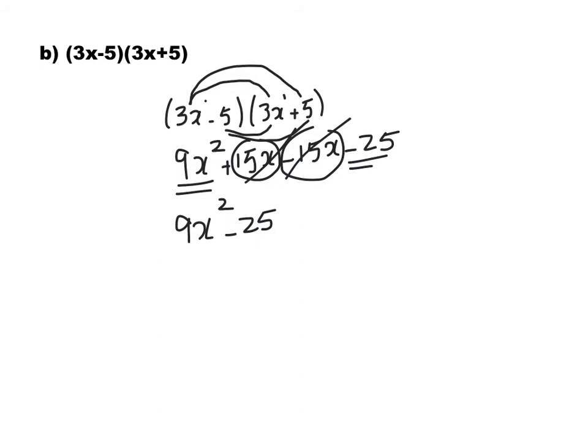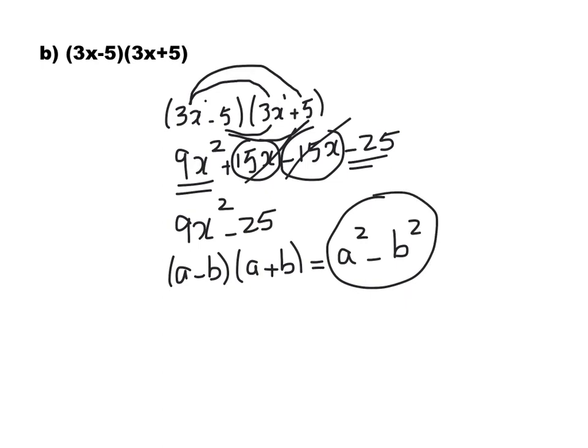This brings us to a very interesting fact: whenever you are multiplying a binomial of the form a minus b times a plus b, when you simplify this one, you always get a squared minus b squared. This one is called the difference of squares.